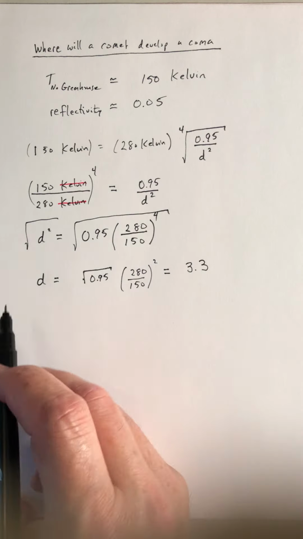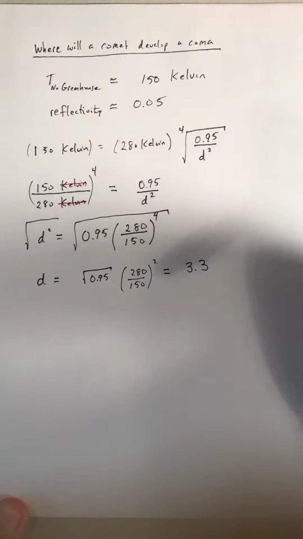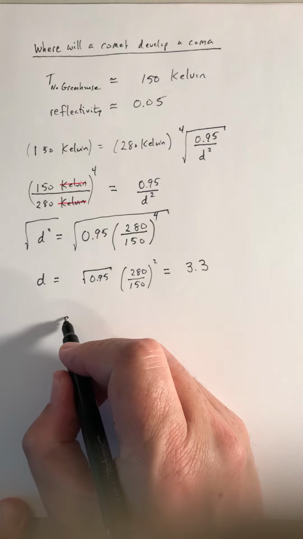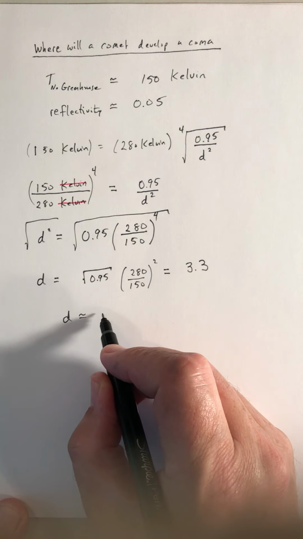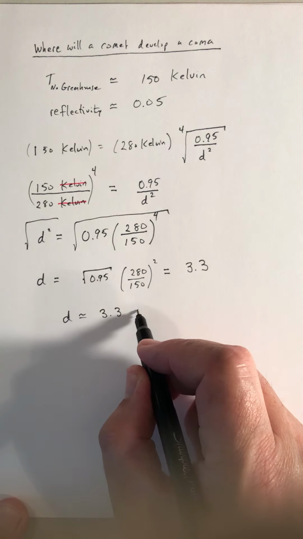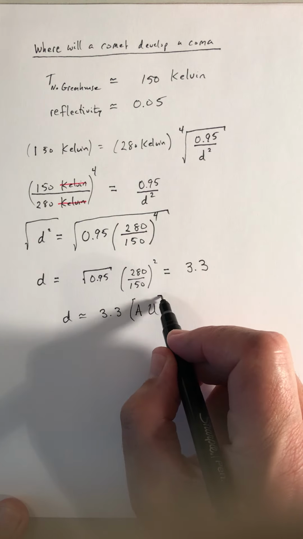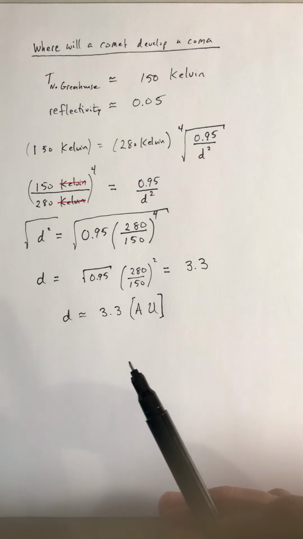So a comet will have its ice sublimating into gases, so it starts to build up a tail, at about 3.3 astronomical units. That's where we would expect comets to turn on.